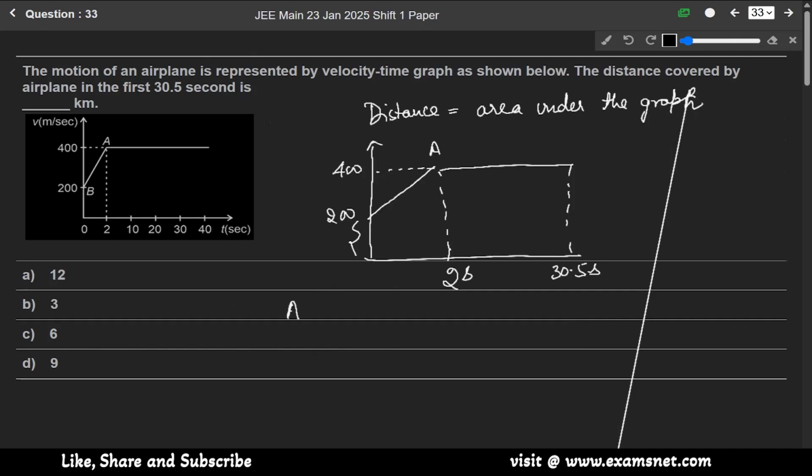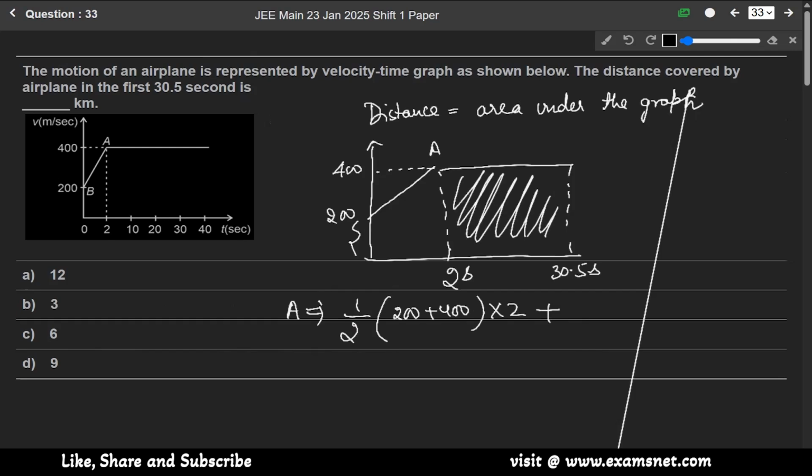So distance covered means area. For this, it will be equal to half into this 200 plus this 400 into 2, plus, for this part, it is acting like a rectangle, so it will be length into breadth, so 400 into 30.5 minus 2, so it will be 28.5.